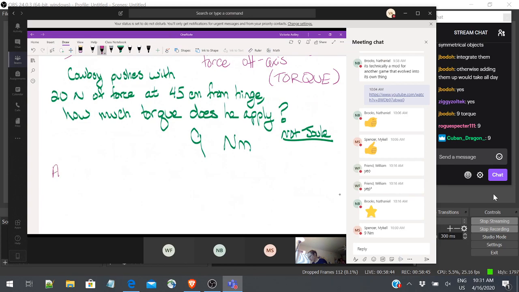What about a larger cowboy who comes up and pushes with 30 newtons of force, but his arms are further apart.